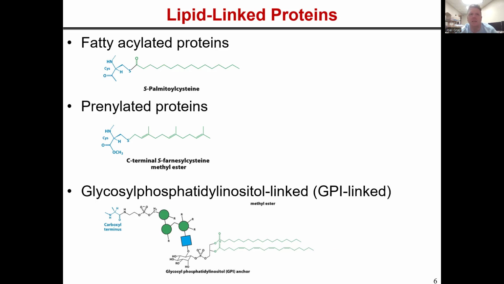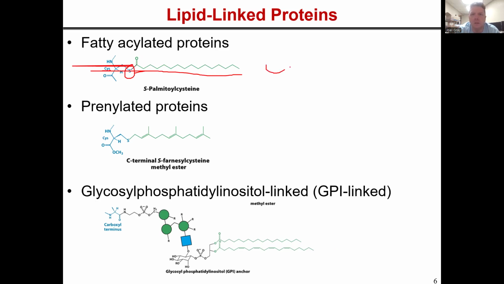Now let's look at our fatty acylated proteins. A fatty acylated protein has a fatty acid, indicated right here with that long fatty acid chain. Then there's a sulfur. So it's a cysteine residue that a fatty acid is added to.